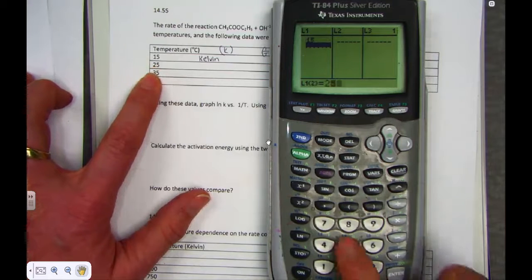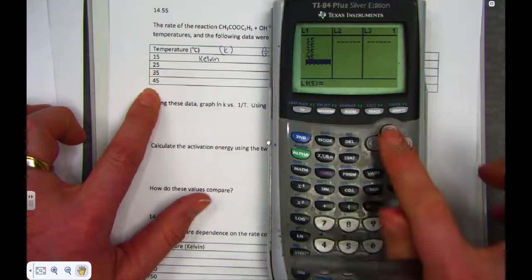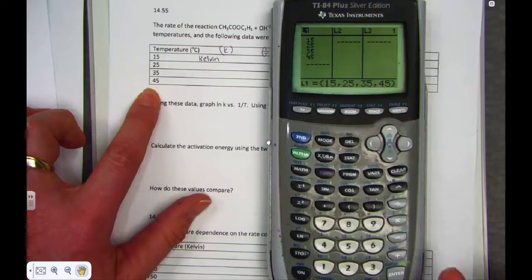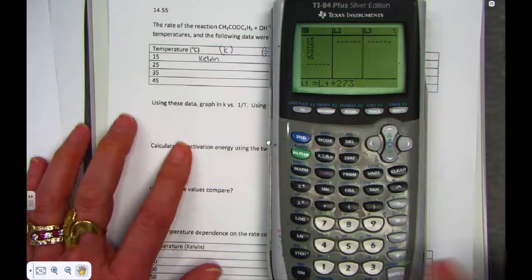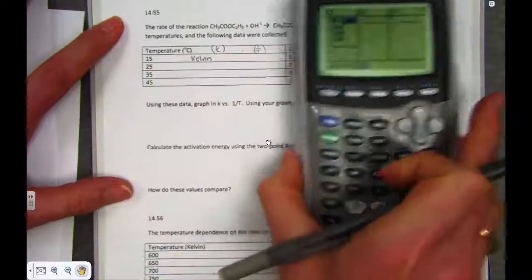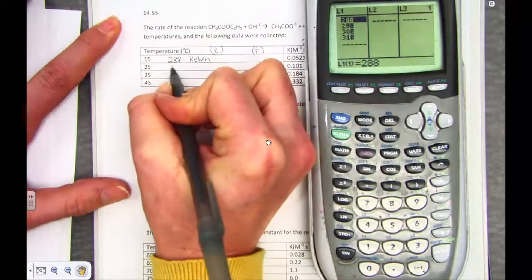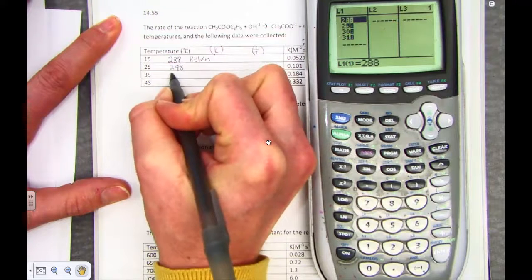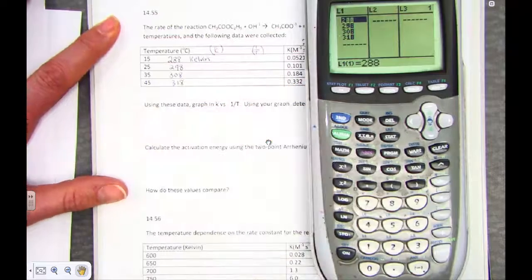List 1 is 15, 25, 35, 45. But I'll put my cursor back up on list 1 and I'll say list 1 plus 273. Now I have flipped them into Kelvins. So just to jot that down so we can see what I've done, 15 is really 288 Kelvin, 298 Kelvin, 308 Kelvin, and 318 Kelvin units.